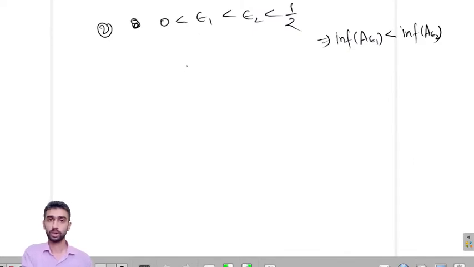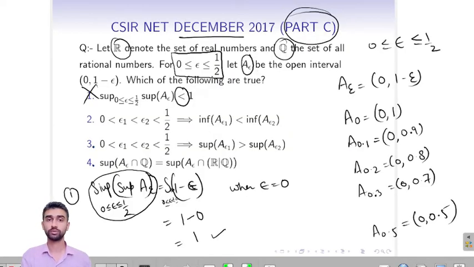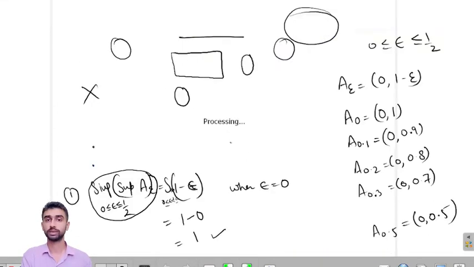Yes, it is correct. So how to check this? See, now my epsilon 1 is less than epsilon 2. Now I will try to find the infimum. If I am finding the infimum of A epsilon, it means I am finding the infimum of 0, 1 minus epsilon. So whatever value you take of 1 minus epsilon, whatever value you take out of this interval, what will be the infimum value of A epsilon?